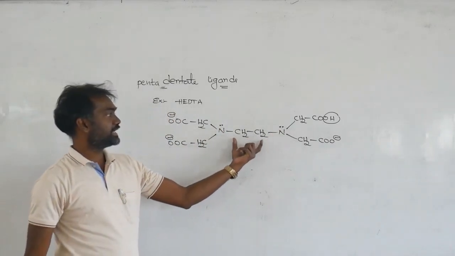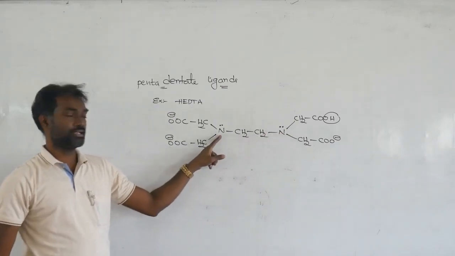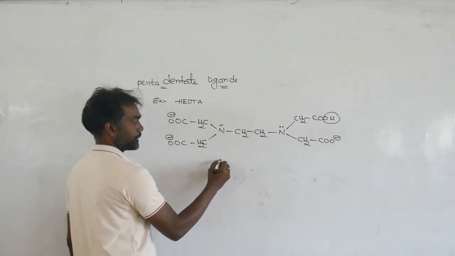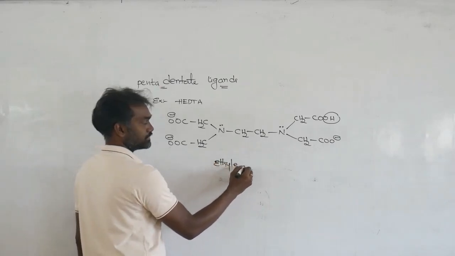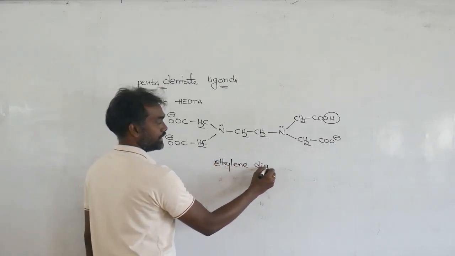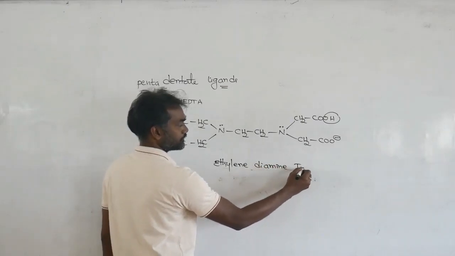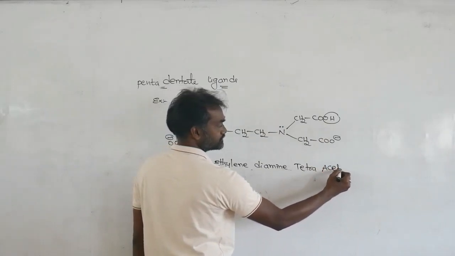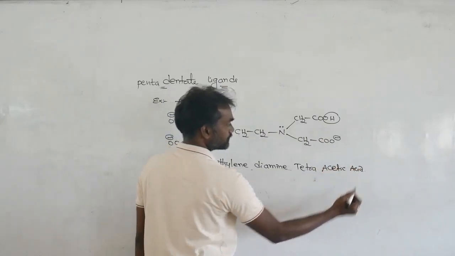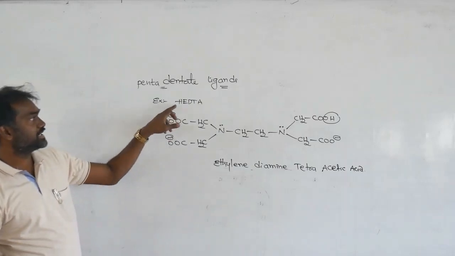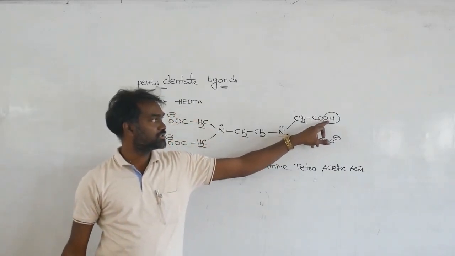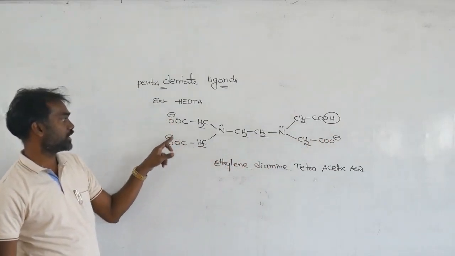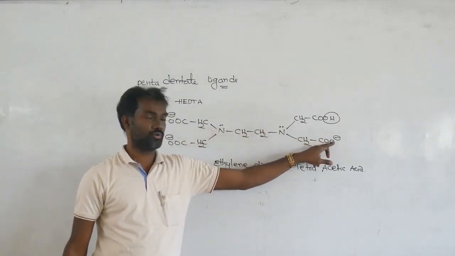So this is ethylenediaminetetraacetic acid. So we are treated with HEDTA. One negative charge is neutralized with H plus. So how many donors? 1, 2, 3, 4, 5 donors.